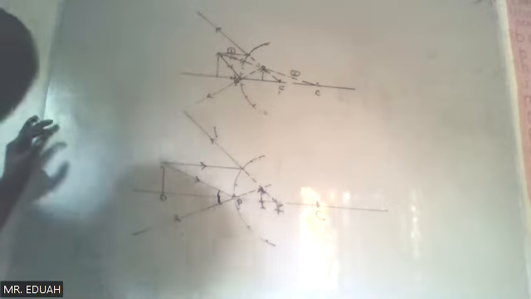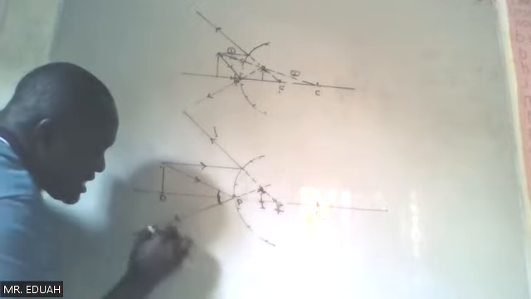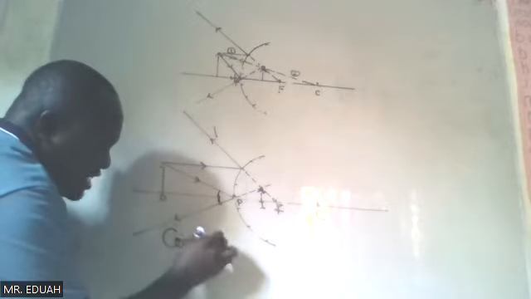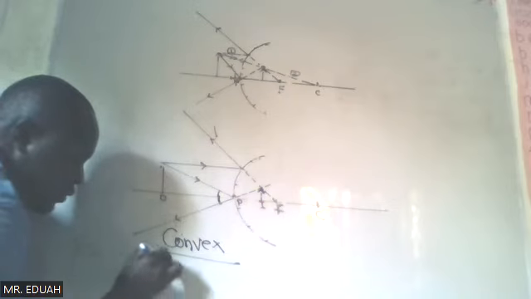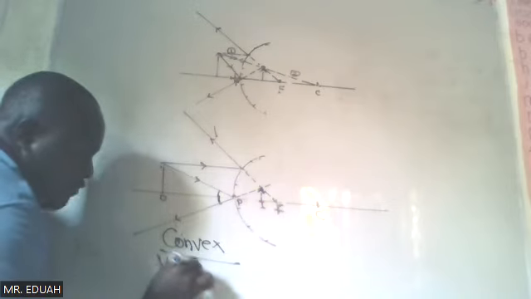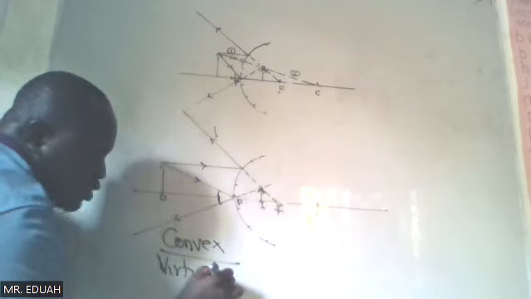So we draw a general outlook that for convex mirrors or divergent mirrors, the image is always virtual. All virtual images are also upright.